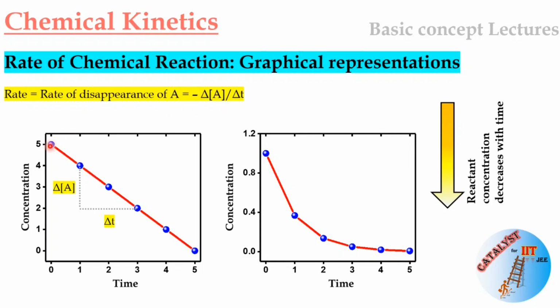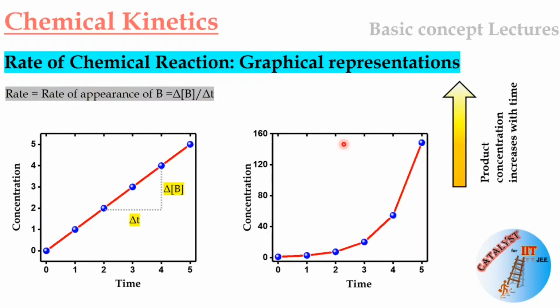Now the reactant concentration is going to decrease with time, as you can appreciate. Time is increasing in this direction, and as you can see, the concentration is decreasing here linearly. The concentration can also decrease exponentially, but what is worthy of note is that the reactant concentration is going to decrease with time.